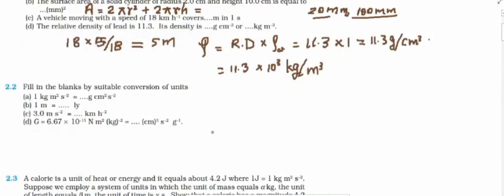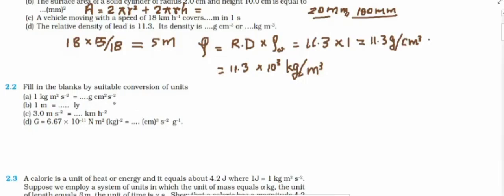Now, question number 2, fill in the blanks with suitable conversion of units. First one, 1 kilogram meter square per second square is equal to how many grams centimeter square per second square? Kilogram meter square per second square means it is joule.